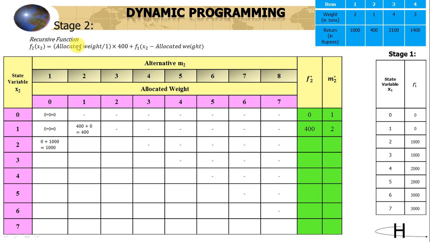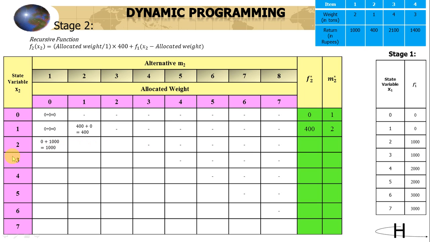allocated weight divided by 1 multiplied by 400, so allocated weight is 0 divided by 1 multiplied by 400, so it will be 0 plus f1 of x2, so that is 2 minus allocated weight 0, so f1 of 2, this value is 1000, so 0 plus 1000 it is equal to 1000.